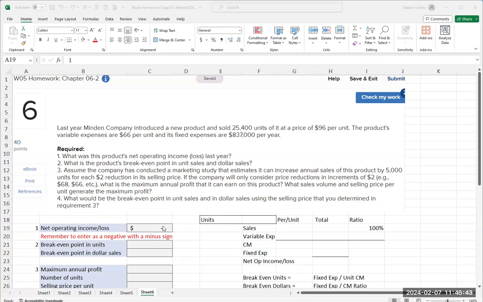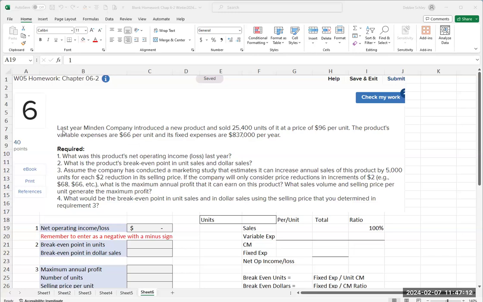And I don't know why the book doesn't have the instructions on this one. But from here on out in the book, pay attention. In the book, usually they will tell you in red words when they want things put in it as a negative. But that's my tip right there. Question 6, required 1. If you end up with a net loss, make sure you enter it into McGraw-Hill with a negative sign in front of it.